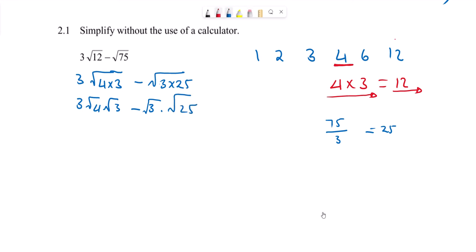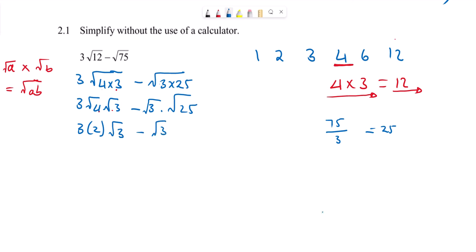Okay, why am I doing this? Let me write here. Square root of a times square root of b is the same as square root of ab. This was my a, this was my b. I split the radical sign. It's allowed in mathematics. Okay, so the square root of 4 is 2 times 3, subtract.